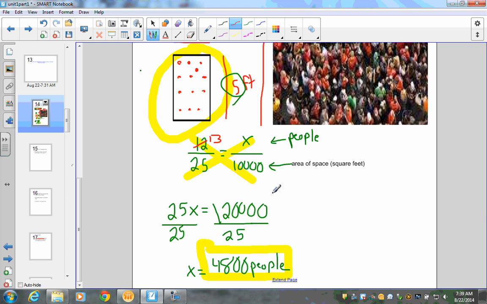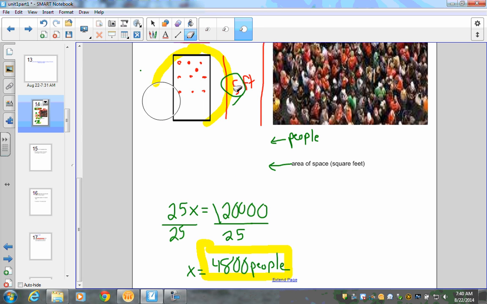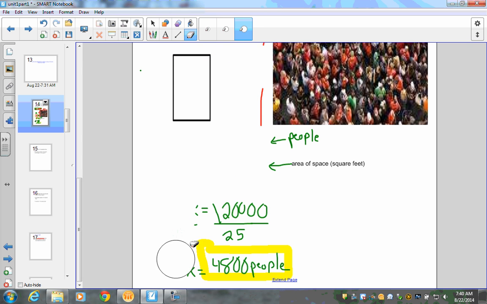So we're going to create this equation based upon just making an estimation. Let me show you what I mean, rather than wasting time explaining it. We're going to go all the way back up here to my 5 by 5 foot square.